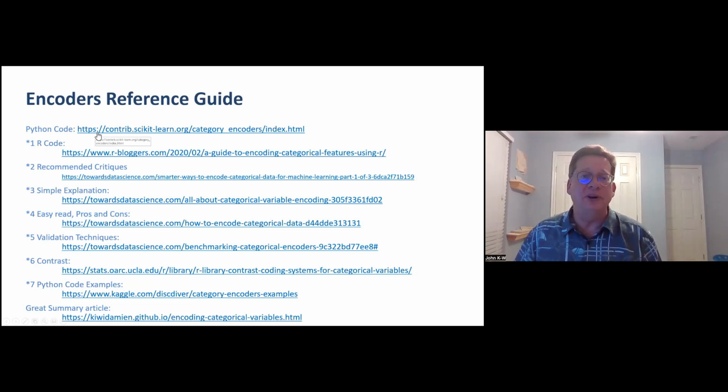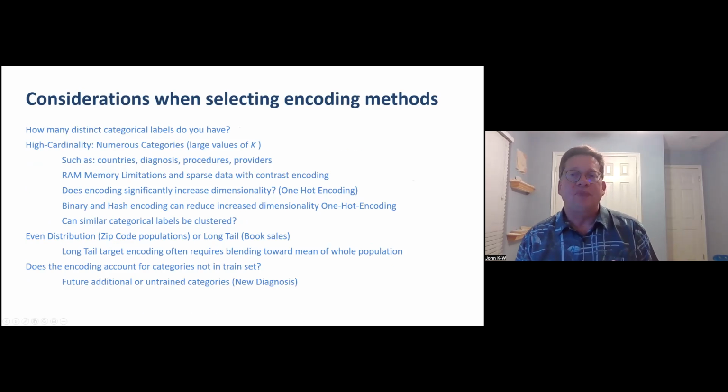There's Python coding examples, there's R coding examples, and a number of great articles on categorical encodings. One of my favorite is listed at the bottom here, just a well-written, simple to understand article.